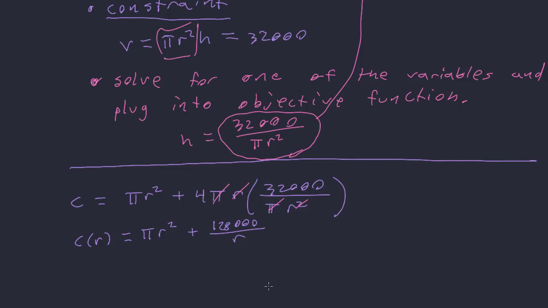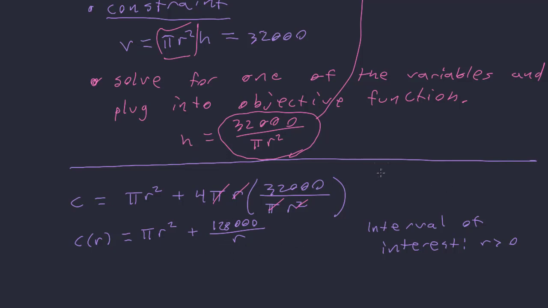Now, you may be wondering what the interval of interest would be for something like this, and it turns out that it's really just r being positive. r just needs to be greater than 0, because if r is less than 0, that really doesn't make any sense, because we'll have a negative radius. But also, r can't equal 0 because we'll get blow up.